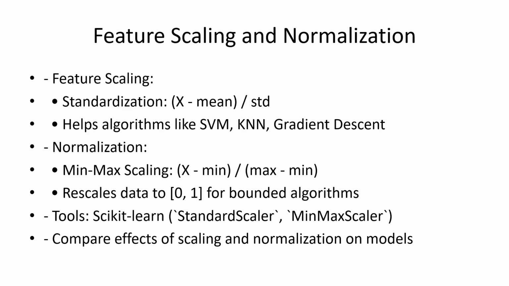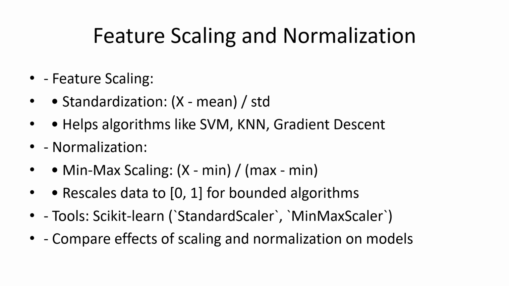Feature scaling and normalization are techniques to standardize data and improve the performance of machine learning models. Feature scaling, or standardization, subtracts the mean and divides by the standard deviation, ensuring all features have a mean of 0 and a standard deviation of 1. This is especially useful for algorithms like SVM, KNN, and gradient descent, which are sensitive to feature magnitudes.